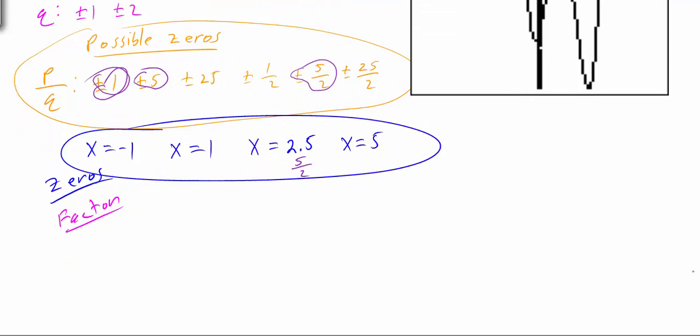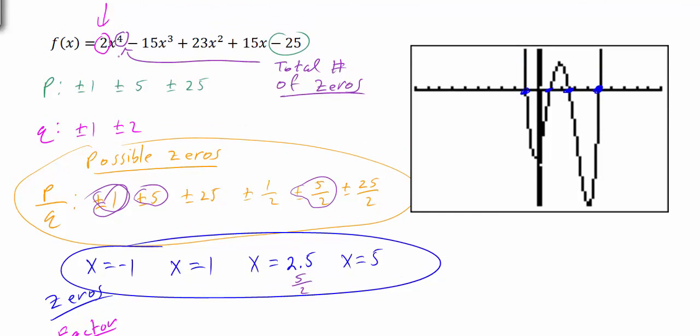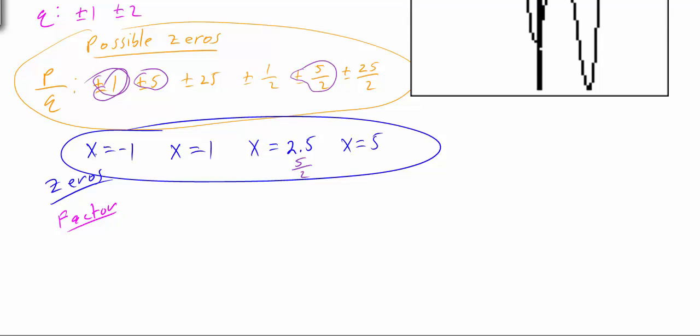Now, once we know the zeros, we could actually use that to factor the polynomial. So in other words, if you look at this and you couldn't figure out how to factor this, well, if we know these are the zeros, if x equals -1 is a zero, that means x plus 1 is a factor. If x equals 1 is a zero, that means x minus 1 is a factor.